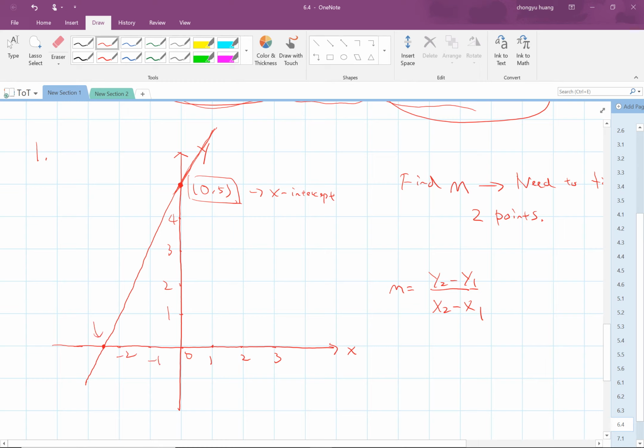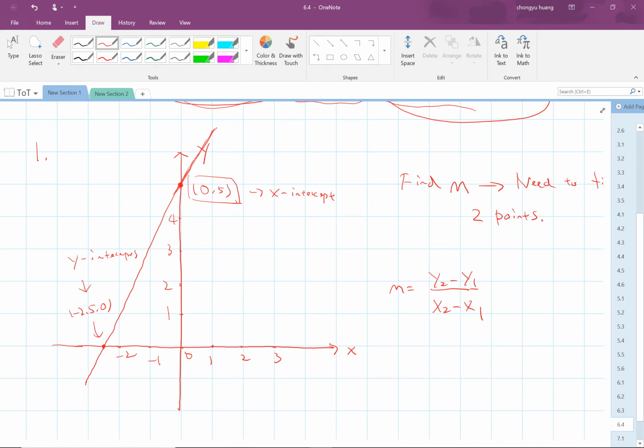So this point is -2.5, 0, the x-intercept, and this one is the y-intercept. Those are the easiest points you can find for a line. Now that we have found the x-intercept and the y-intercept, we should be able to find the slope of the line, right? As I mentioned before, the order is really important.